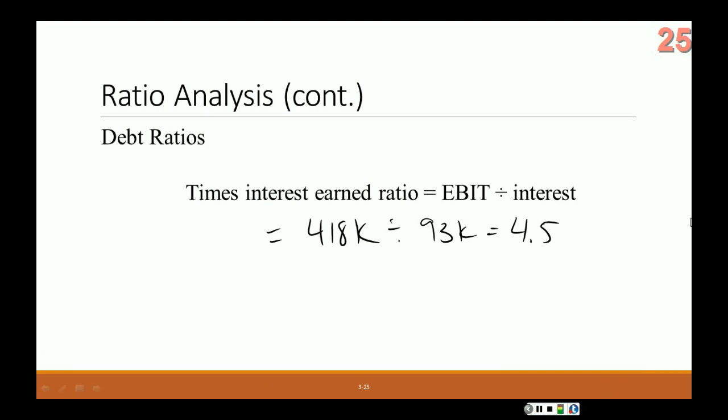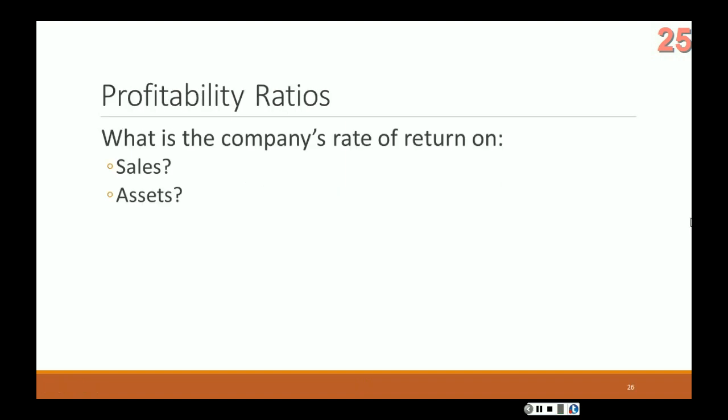So for Bartlett Company, this means that Bartlett Company makes enough to cover its interest expense 4.5 times. So a higher times interest earned ratio is better. It means that a company can afford to pay its interest payments.